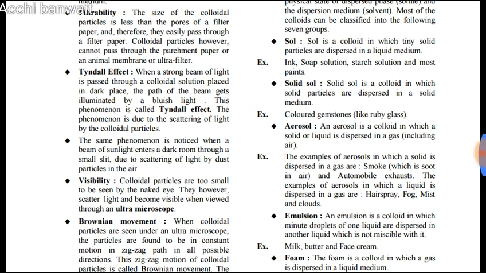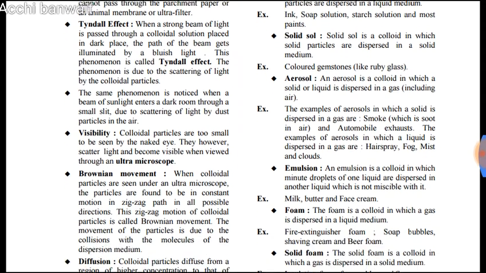Examples of aerosols in which a solid is dispersed in a gas are smoke and automobile exhaust. Examples of aerosols in which a liquid is dispersed in a gas are hair sprays, fog, mist, and clouds.